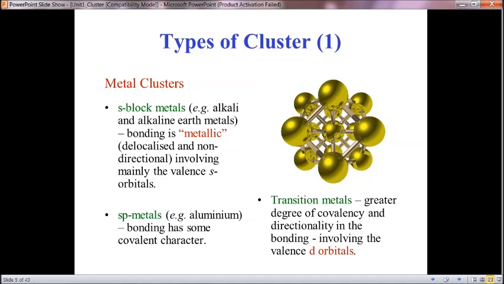Transition metals, greater degree of covalency and directionality in the bonding, involving the valence d orbitals. See, in the metal clusters we are having all types: bonding is delocalized and non-directional, bonding is covalent, and bonding has a greater degree of covalency and directionality.